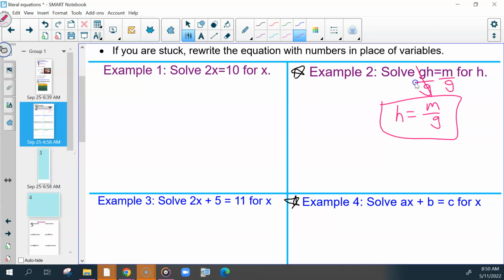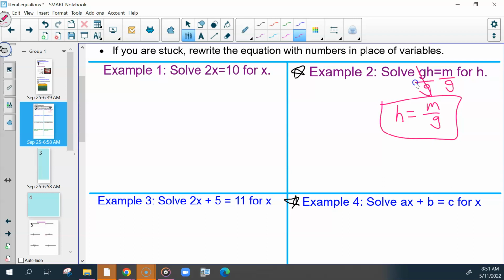What questions do we have on that one? I would know how to use it. If you've got a problem like this, it would say solve this for the specified variable. Solve this equation for h.